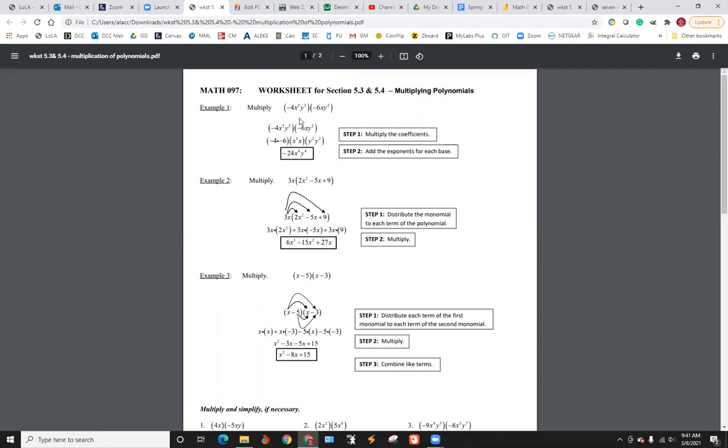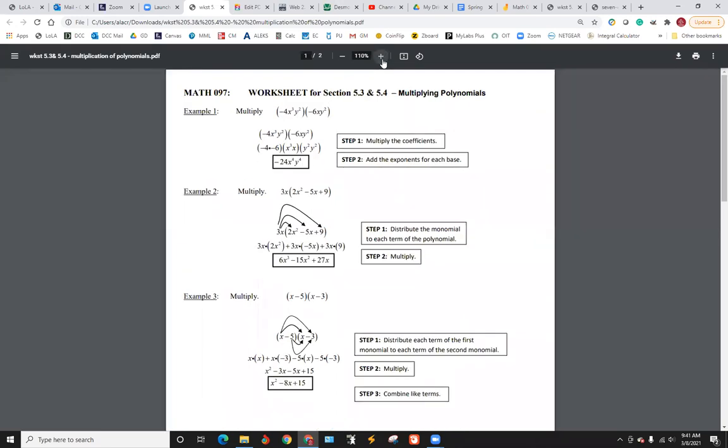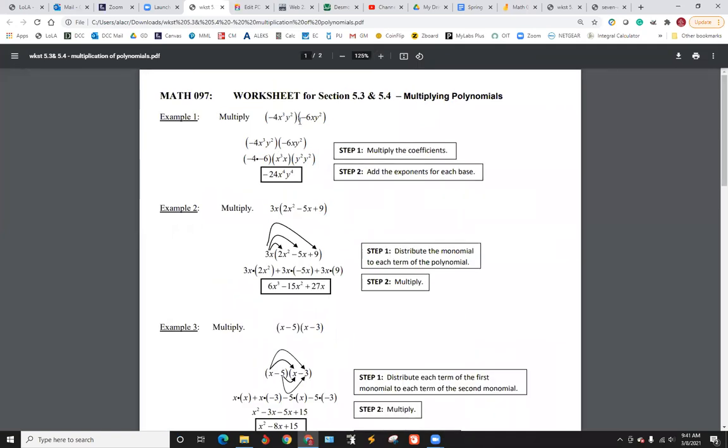All right, so we've got two what's called monomials here. We've got negative 4x cubed y squared times negative 6xy squared. Well, there's a mistake on this too, and I figured that out last week. The way that we handle multiplication is we've got to multiply things.